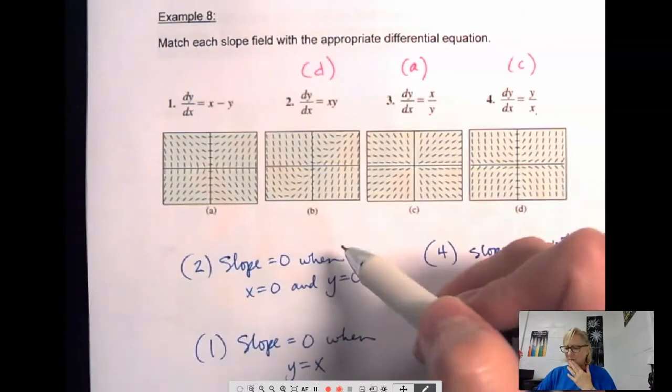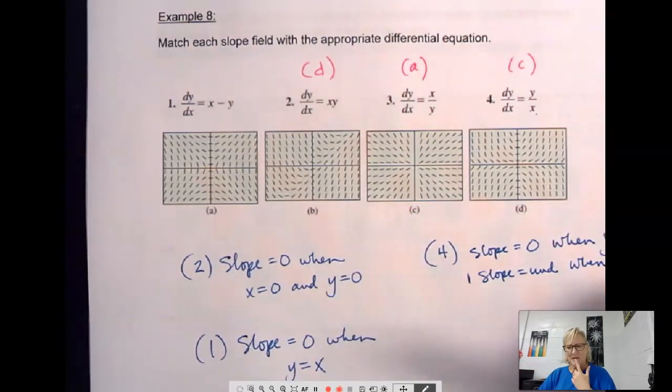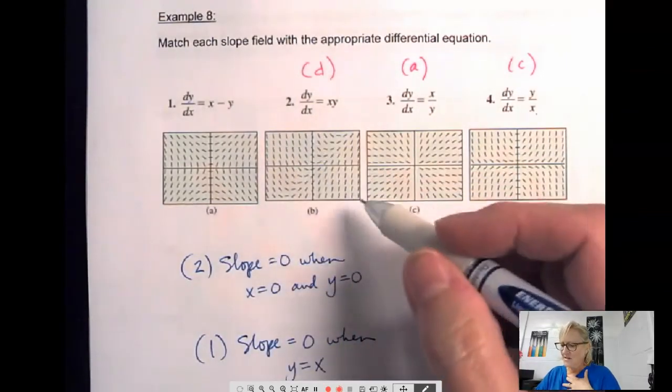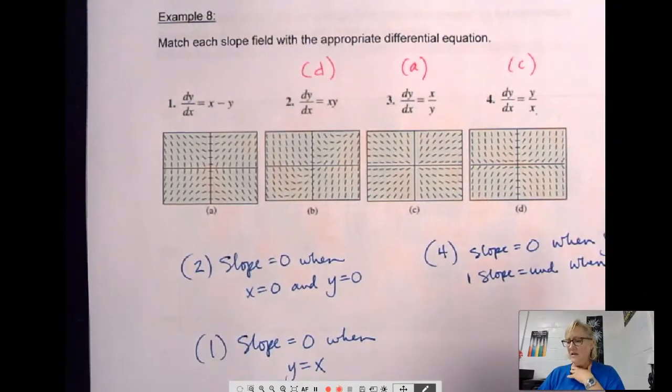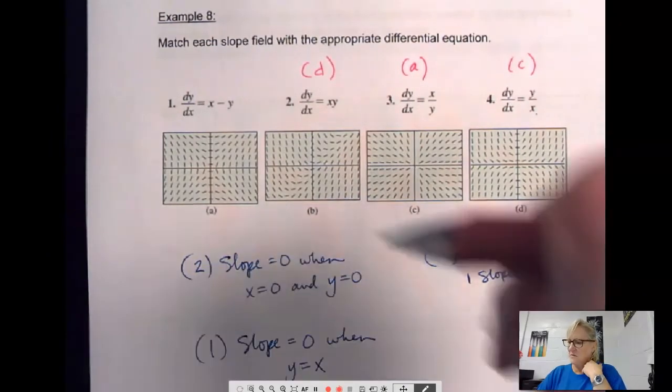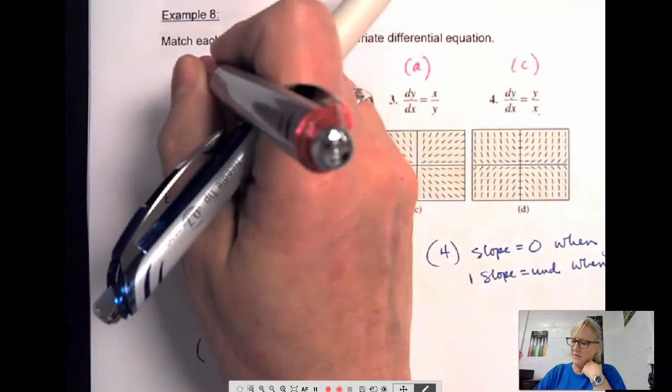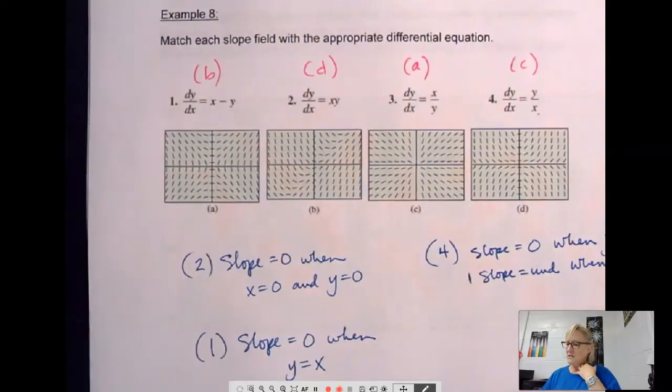So the scale might be distorting it just a tad bit, maybe. I would definitely say process of elimination, that has to be B. That one's kind of weird. I'm not really liking that, but I do feel confident about those other 3. So I think we're going to have to go with B on that one.